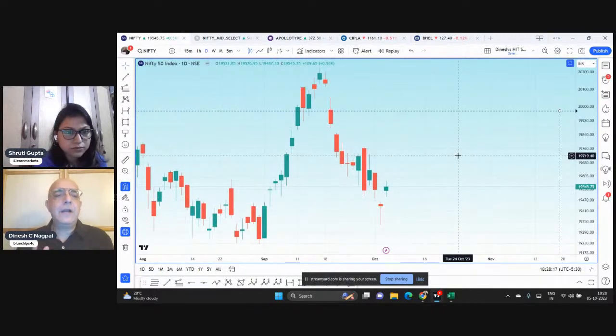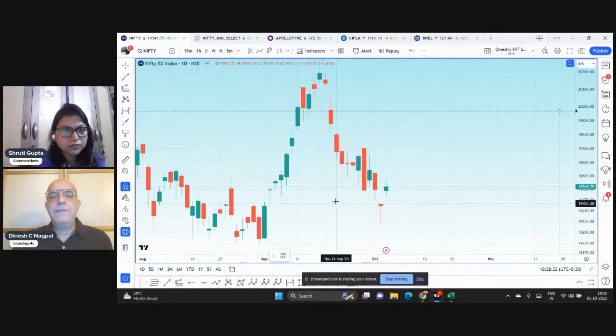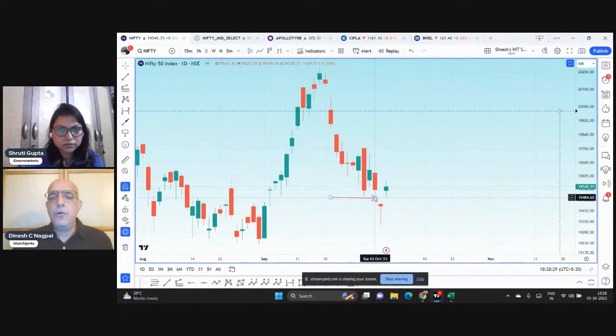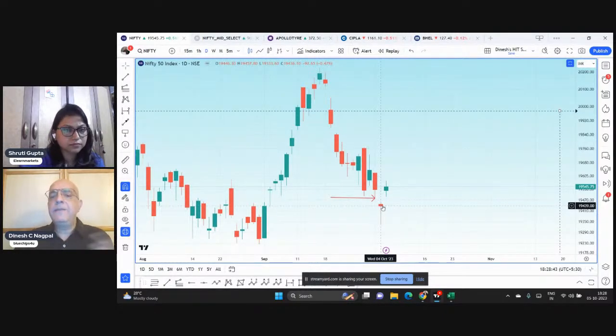The island reversal and abandoned baby bottom, as we call it, happens when you have a gap down. We had a gap down on Thursday. Wednesday's low is higher than Thursday's high. Wednesday's low is 19,479, Thursday's high is 19,457. There is a 22-point difference between both of them.